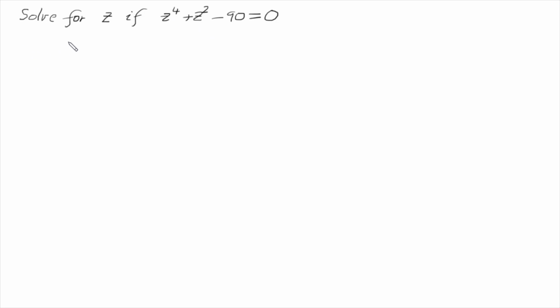So what I can do is let some other number or letter be z squared. I'm just going to replace it with a because it's the first letter in the alphabet.